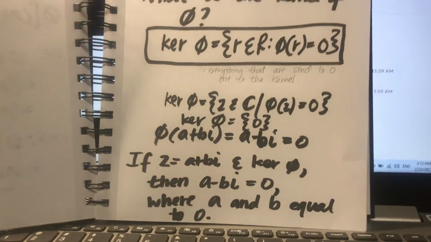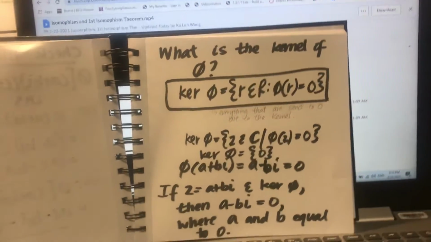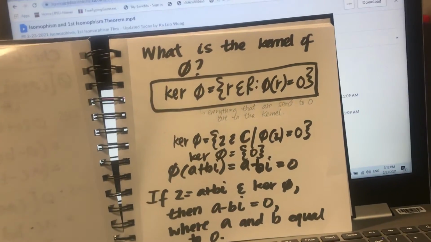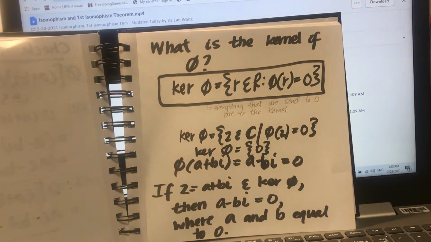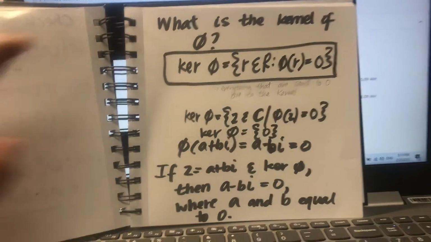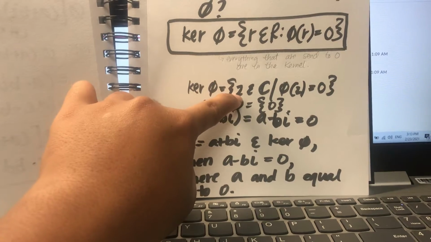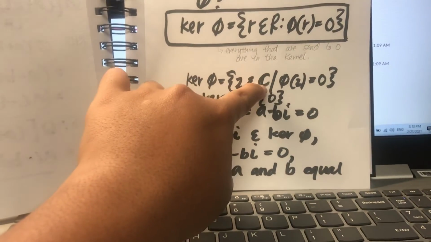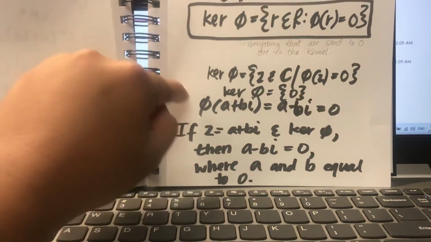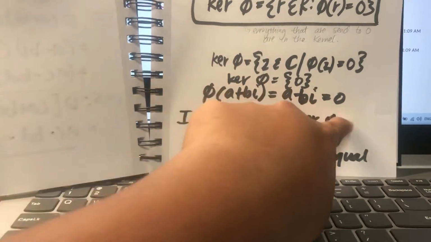The next question: what is the kernel of φ? The definition of the kernel of φ is the set of all r where φ(r) is equal to 0. So everything that is sent to 0 is in the kernel set. In this problem, the kernel has to be equal to the complex numbers that are sent to 0. Like φ(a + bi) = a − bi has to equal 0.